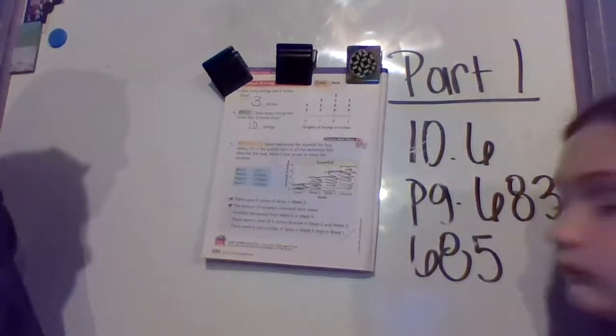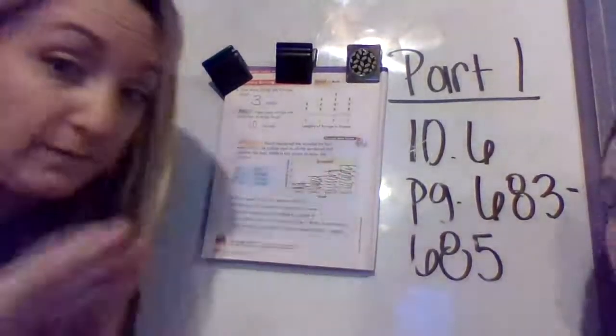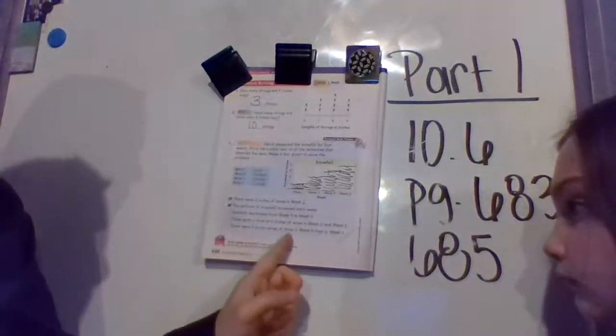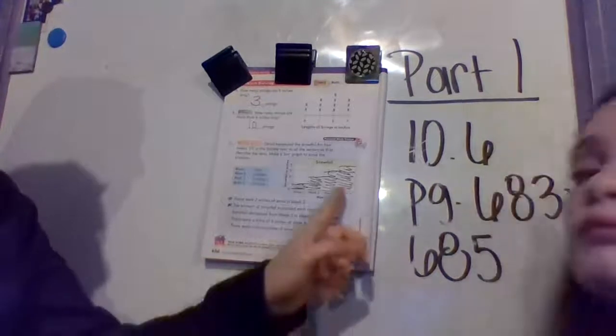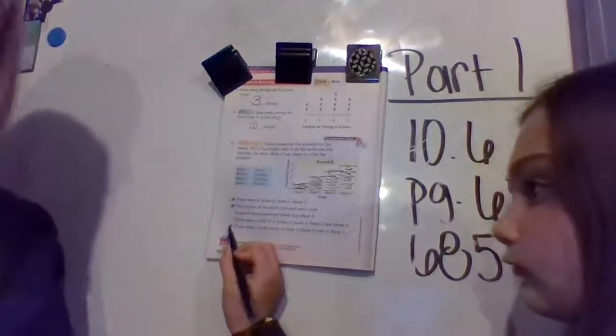There were a total of 4 inches of snow in week 2 and 3. So week 2 had 2 and week 3 had 3, so that would be a total of 5. So we're not going to shade that one in. And the last one, there were 3 more inches of snow in week 4 than week 1. So week 4 was 4 and week 1 was 1, so 4 minus 1 equals 3. So yes, we can shade in that last one.